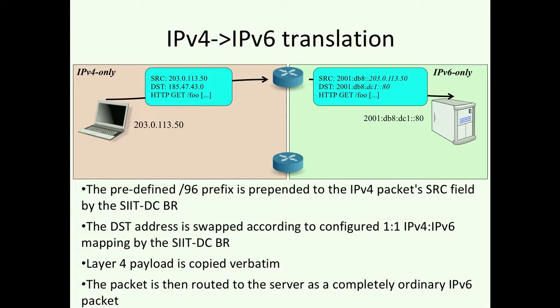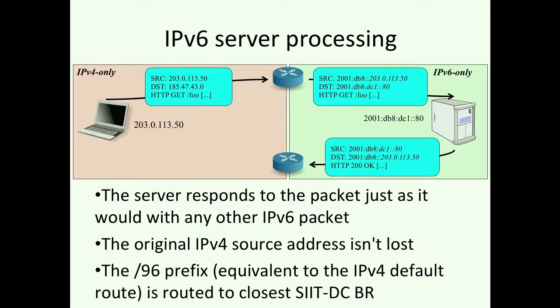The server, when it receives this packet, will just respond to it by giving an HTTP response or a SYN-ACK or something. Of course, with the source and destination addresses swapped, which is how it's commonly done, and it gets dropped back into the IPv6 network.